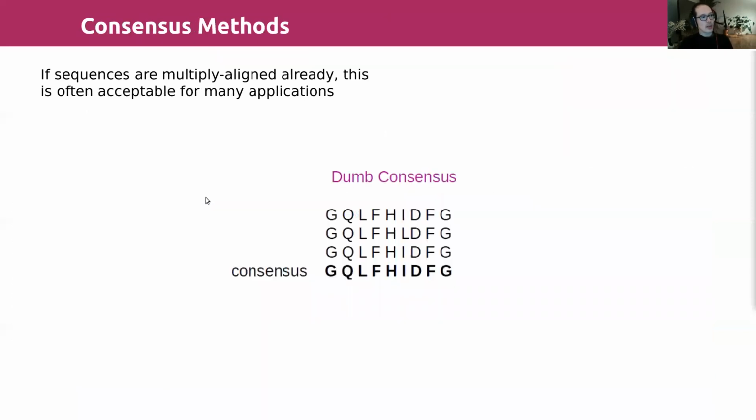So first, let's talk about the consensus methods. If the sequences are aligned already, then this is often acceptable for many applications. The easiest version is what's called the dumb consensus, and basically, it means you just take the most prevalent base in each column as your final sequence.